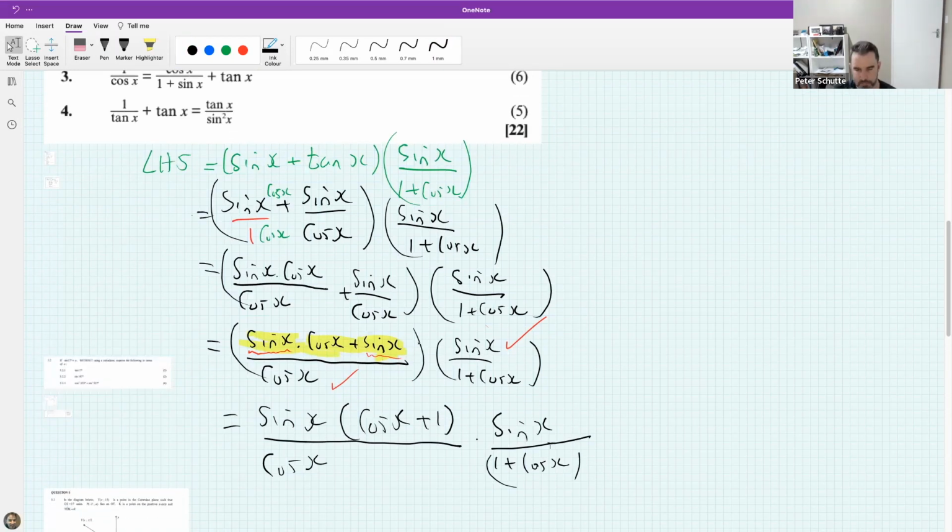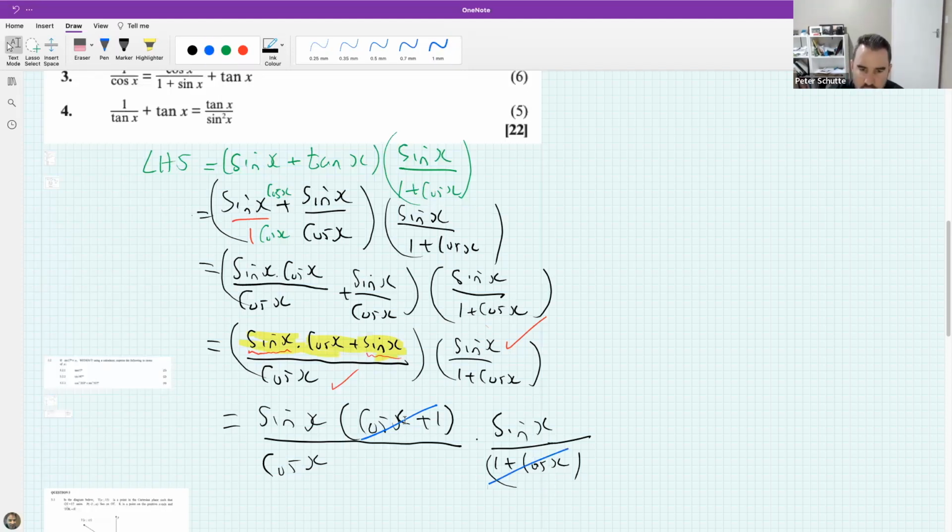Who can spot something important? I think cos x plus 1 feels very similar to 1 plus cos x. Is it the same? I think it is. So we can cancel out those two.